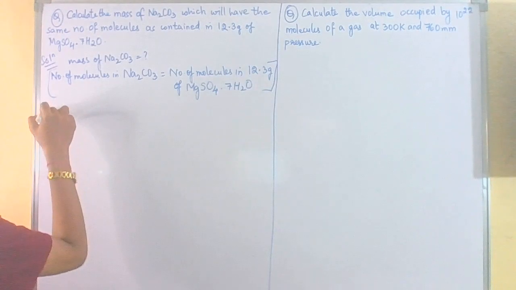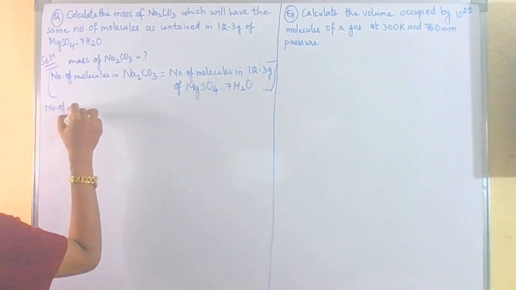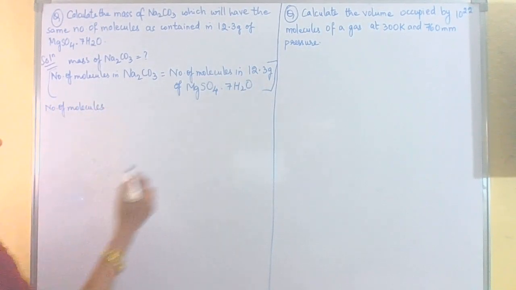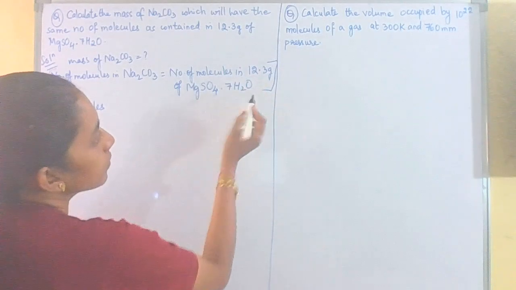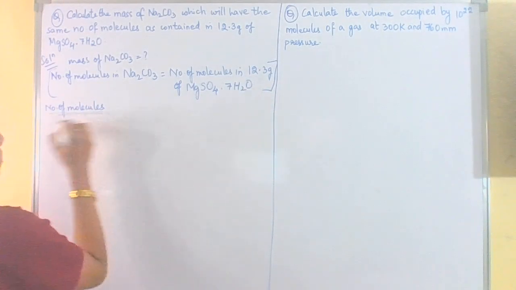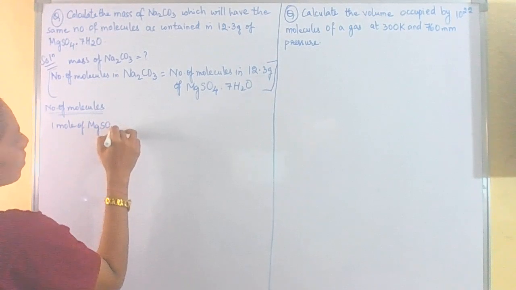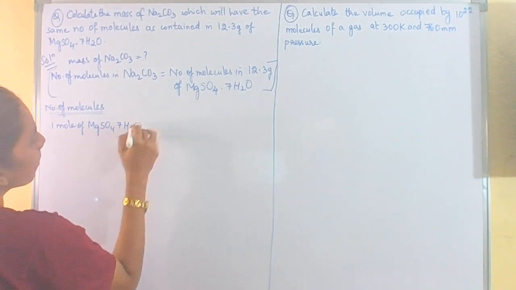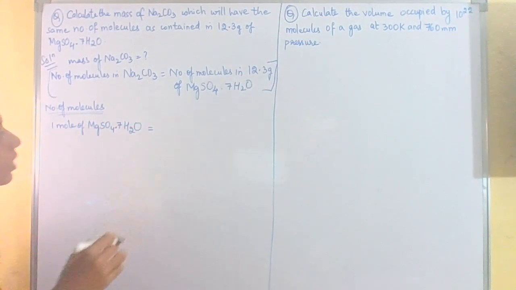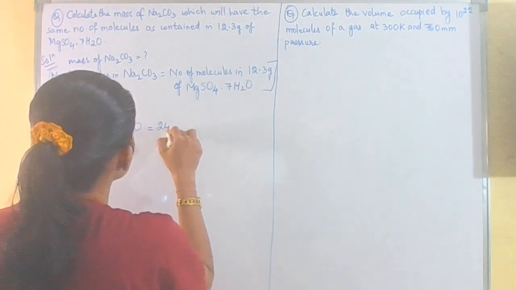So first we have to find out the number of molecules present in 12.3 grams of MgSO4.7H2O. 1 mole of MgSO4.7H2O is equal to the gram molecular mass of MgSO4.7H2O, which is 246 grams.